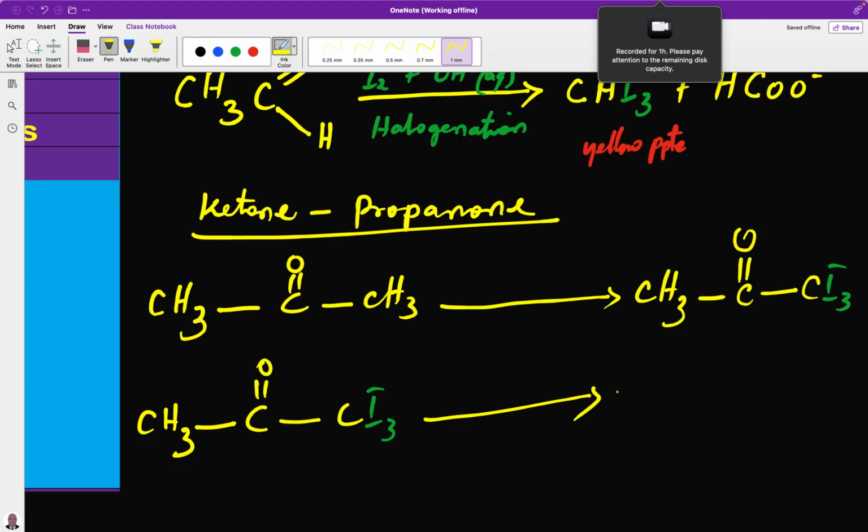CH3, CHI3. This is aqueous alkaline hydrolysis.